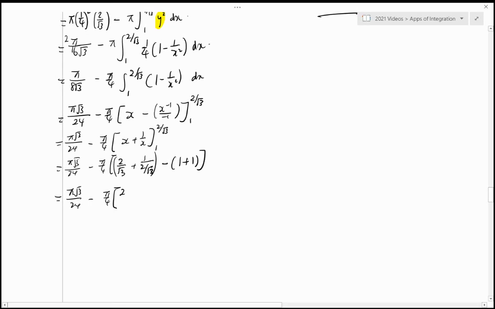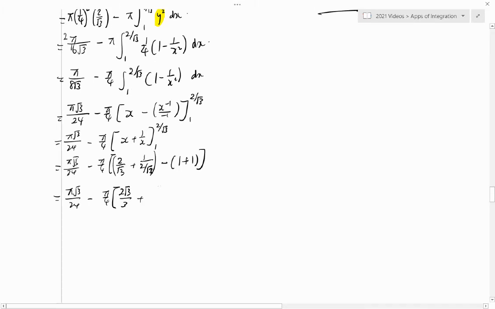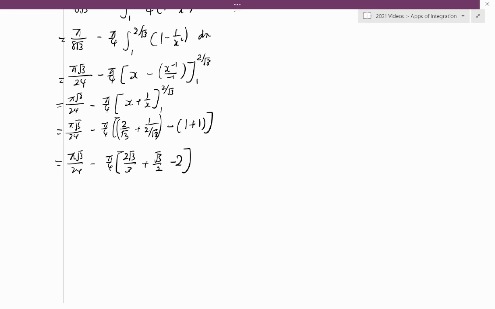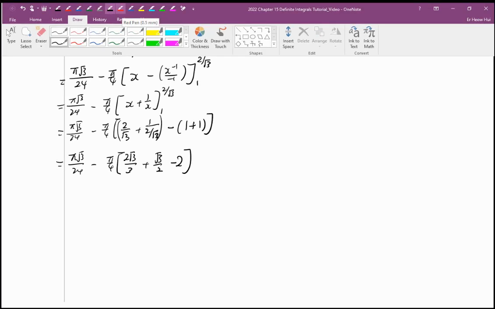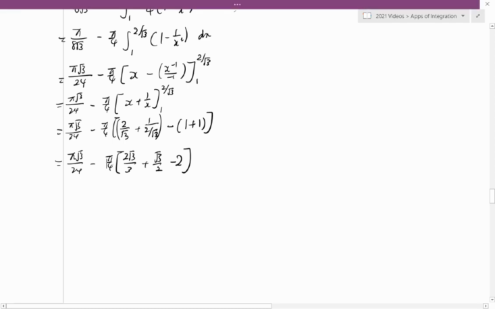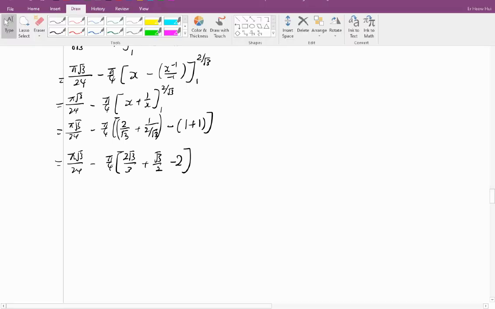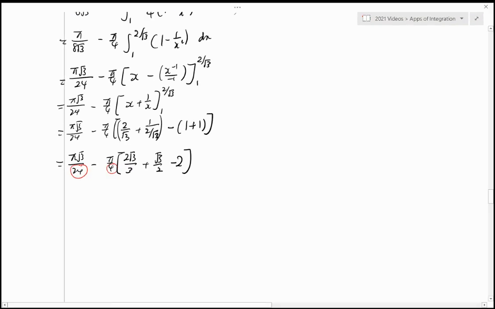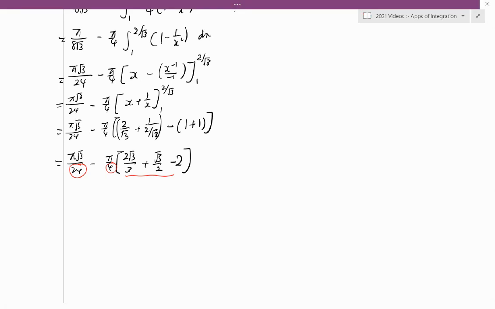So this is pi root 3 over 24 minus pi over 4. Now rationalize: this is 2 root 3 over 3 plus root 3 over 2 minus 2. Now if I want to have a single pi over 4, I will need to find common denominators first. So this is 24, this is 4, meaning I need a denominator of 6 from within the parentheses.